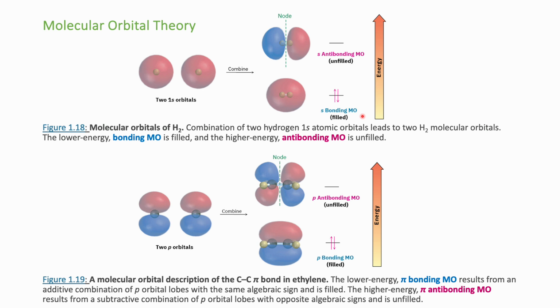It means more stable. So here we have two 1s orbitals where they combine and form a bonding molecular orbital. These are atomic orbitals, the atom by itself, versus a molecular orbital. So here we have an s bonding molecular orbital where both electrons are behaving nicely.